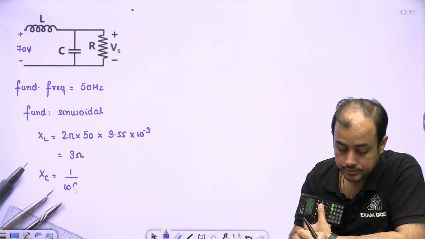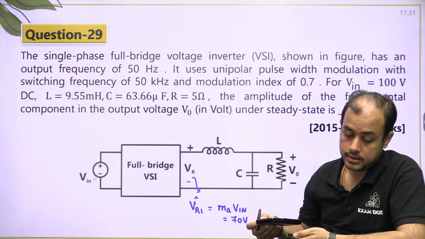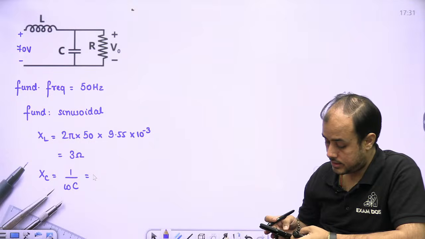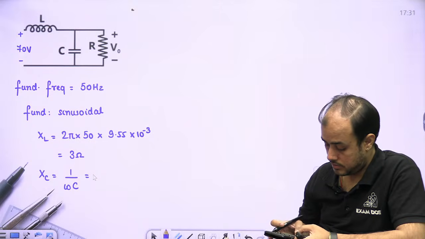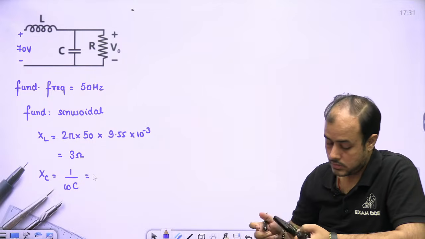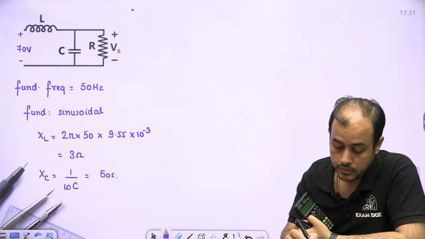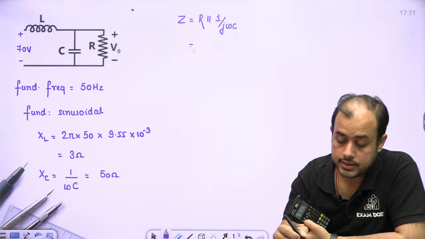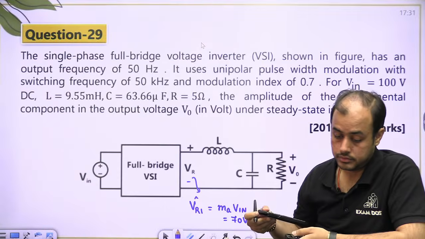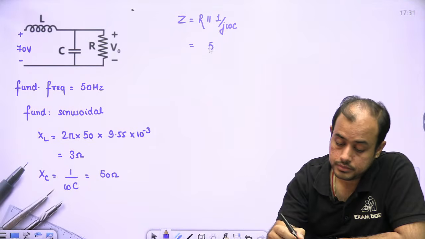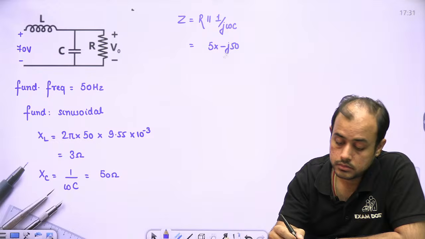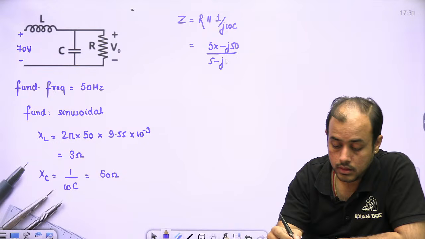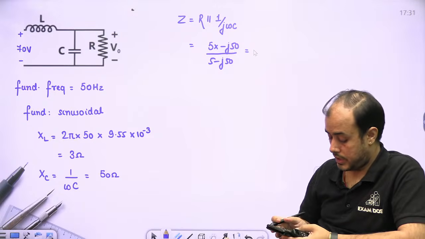XC is 1 by omega C, it is 63.66, 50 ohm. Now beta, Z will be R parallel 1 by j omega C. Resistance is 5.